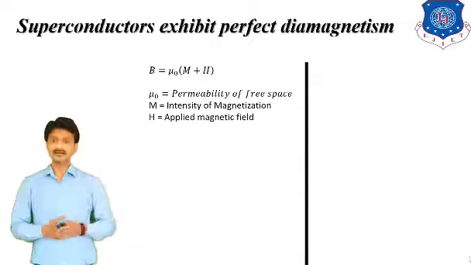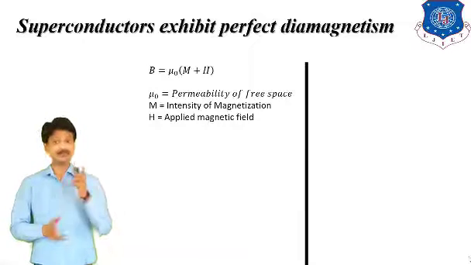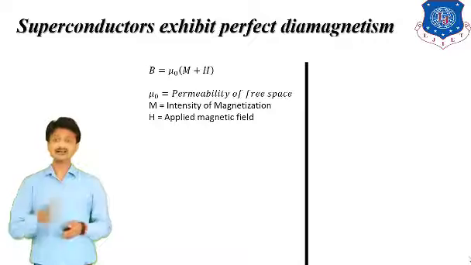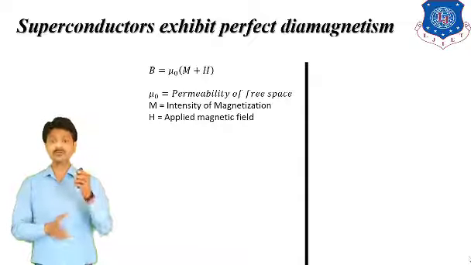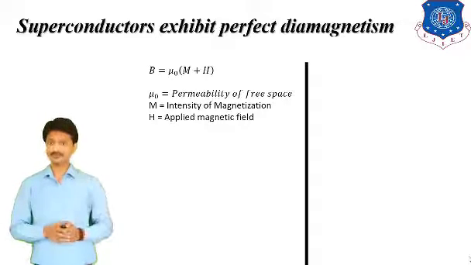Here we know that permeability is the property of a material which allows the production of magnetic flux through it. So this is the basic equation: B equals mu0 (M plus H).